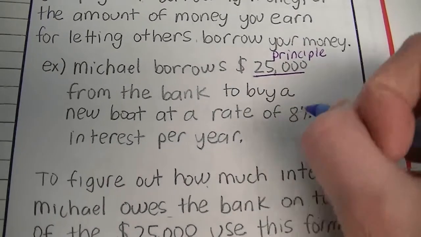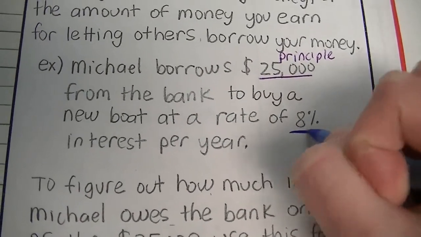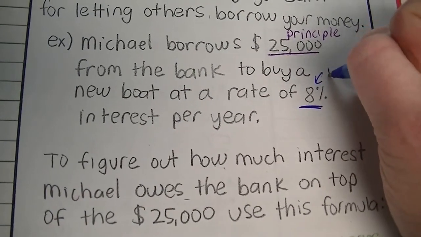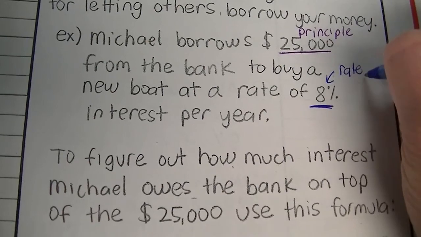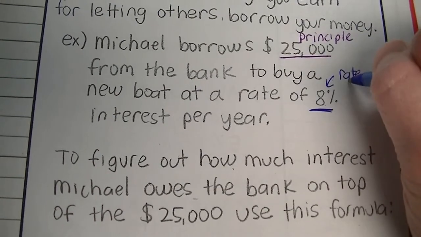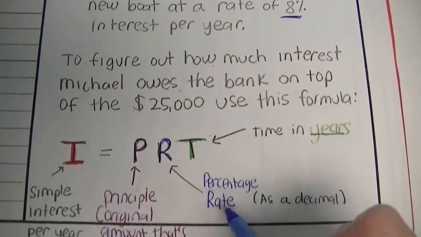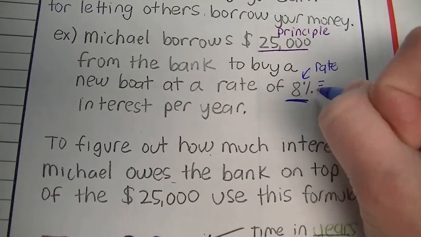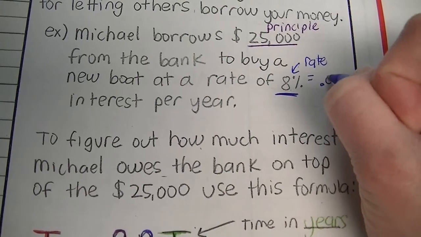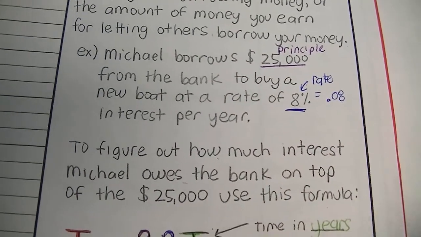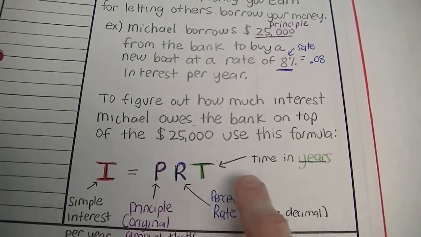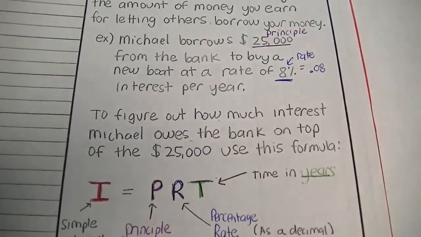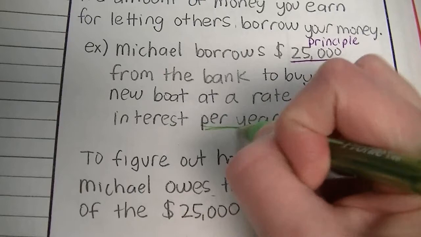So this 8%, that's going to be the rate, the percentage rate, and we want to write it as a decimal. So 8% as a decimal is 8/100. Okay, let's see here. The time is in years, and look, it is in years right here. So we've got the time.